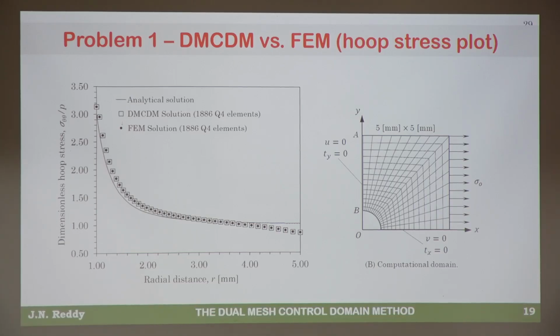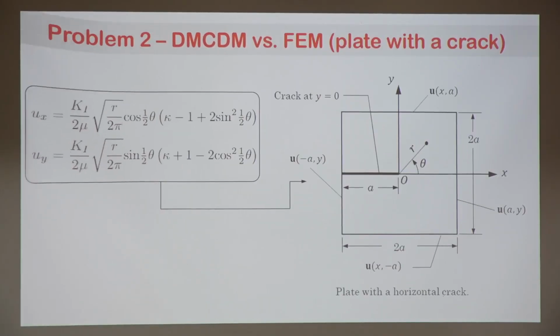But you have to remember there is less computational time, because in finite elements, you have to evaluate all of the domain integrals, not boundary integrals. Okay, and there are problems where finite element won't give exactly the same solution as dual mesh. All right, but especially for axisymmetric problems, dual mesh gives the exact analytical solution. I mean, if any of you are mathematically oriented, you should take that up and prove why. Okay, but so we found it.